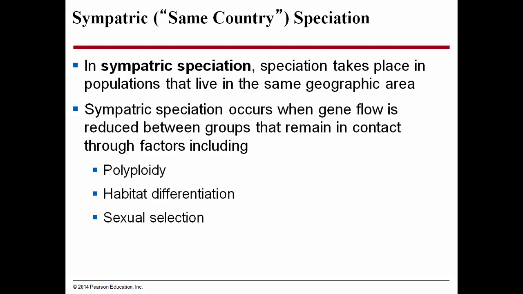Okay, in sympatric speciation, speciation takes place in the populations that live in the same geographic area. Sympatric speciation occurs when gene flow is reduced in groups that remain in contact through factors including polyploidy, habitat differentiation, and sexual selection.